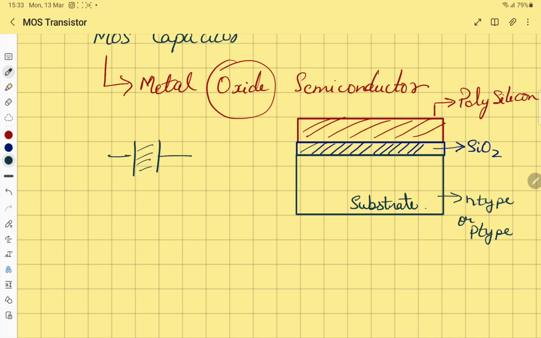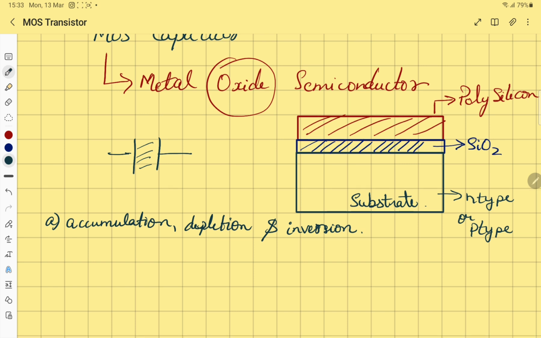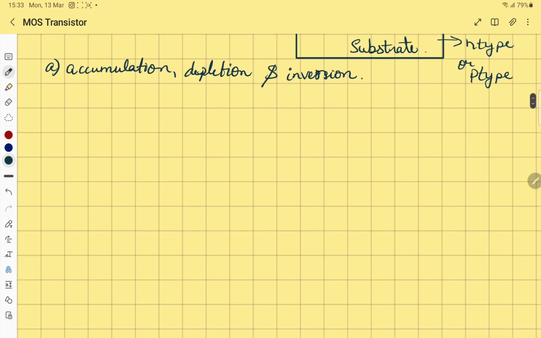These three regions of operation are accumulation, depletion, and inversion. We'll discuss all these regions in detail now.